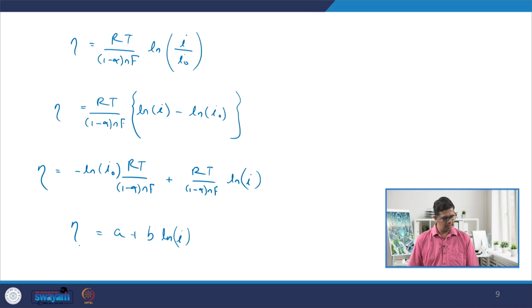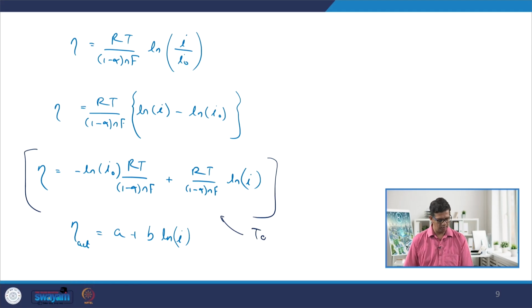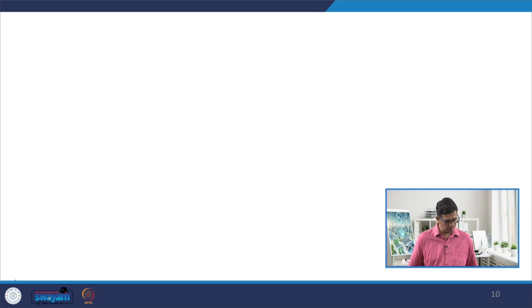This eta is again your activation overpotential when eta is large, and that is why this equation is called the Tafel equation. So, this is your Tafel equation, and this term, specifically RT by (1 minus alpha) nF, is the slope of that line.